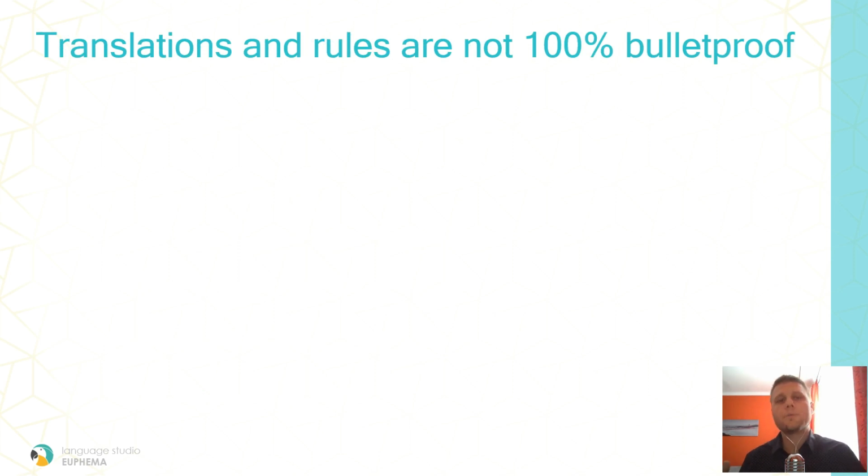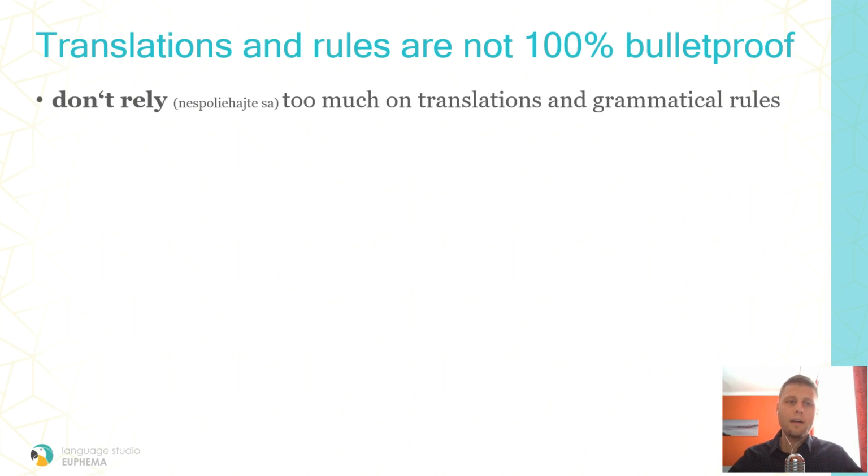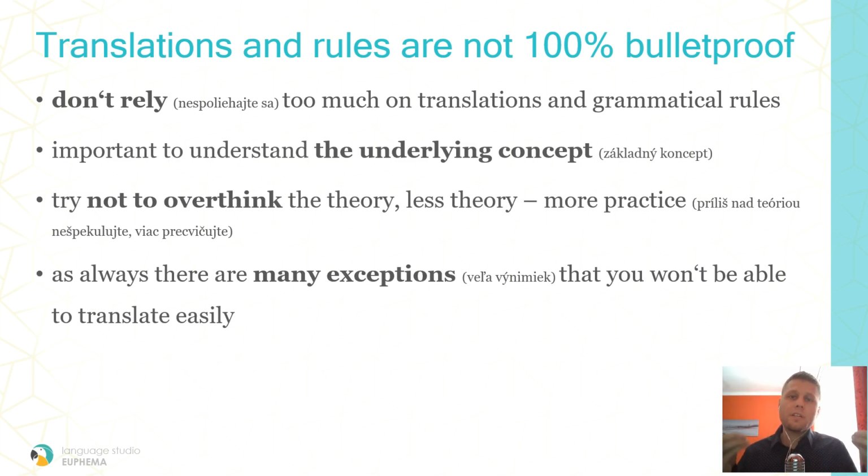What I'd like to say here as well, the translations and rules are not 100% bulletproof, so you can't rely on translations. Before I said that make and do can be translated as robiť, but I have to also warn you in this presentation, in this video, and also in the videos to come, that you shouldn't rely too much on translation, and also it applies to grammatical rules, because in learning English, as you may know, there are a lot of exceptions, and of course not only in English, in every single language, even in Slovak, there are so many exceptions that you wouldn't believe.